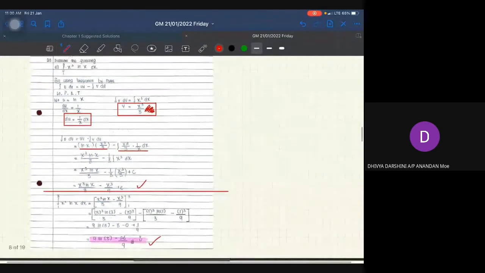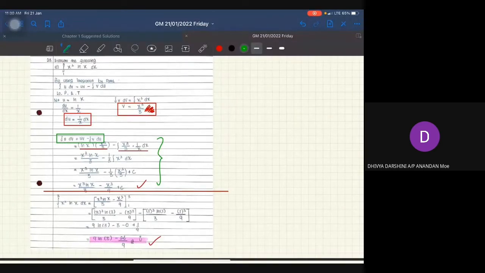Okay? Alright, so ada something yang saya kena tegur untuk this one. For this one, this is your process to find the integral of x square ln x dx. Okay, so dekat sini, awak tulis formula. Okay, tak ada masalah, betul untuk awak tulis formula. Tapi saya nak awak tukar subjek ni.